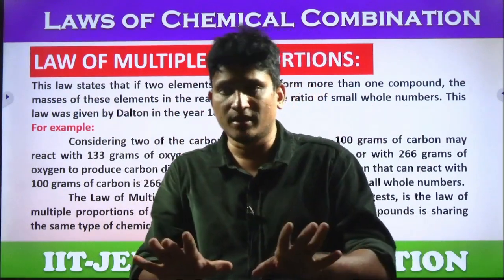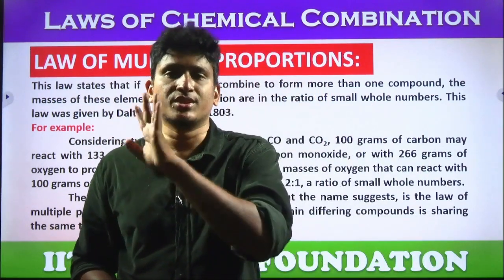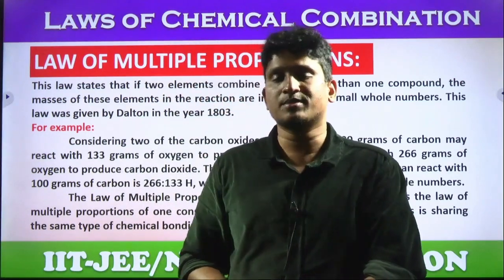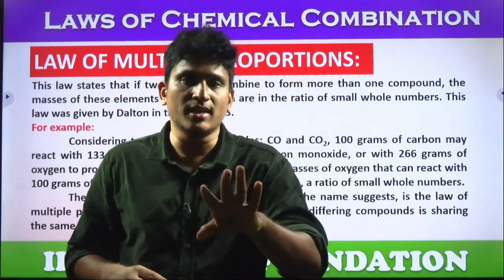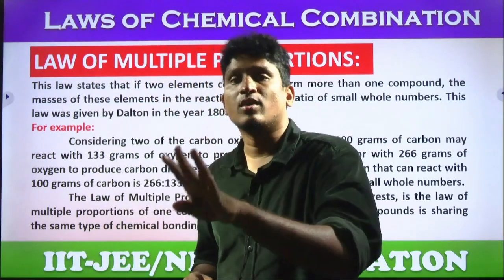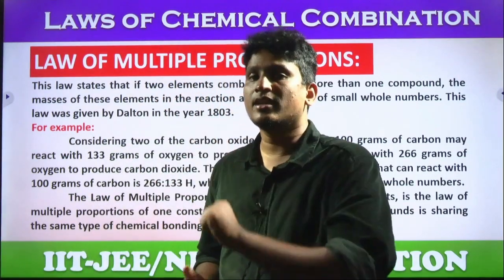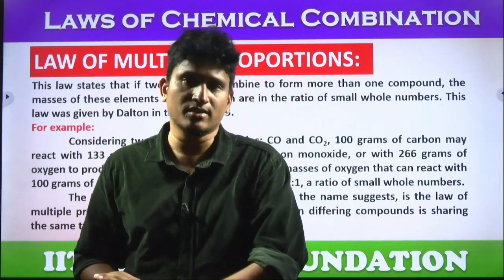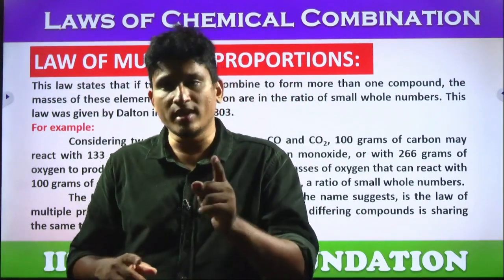For example, carbon and oxygen, students. How many oxides can we expect? Two. One is carbon monoxide, the second one is carbon dioxide. Now let us find the ratio by atoms. In CO, 1:1 ratio, right. In CO2, 1:2 ratio, right.